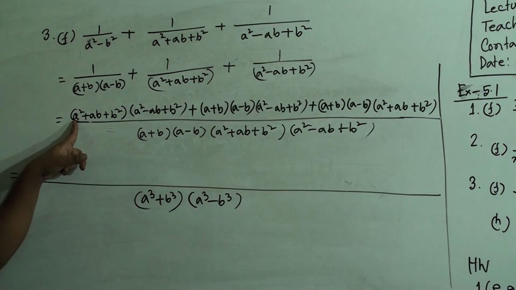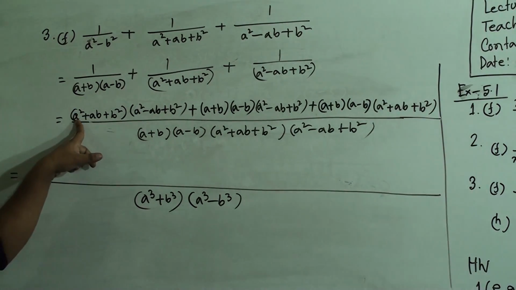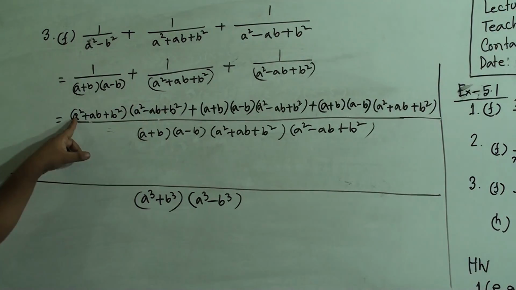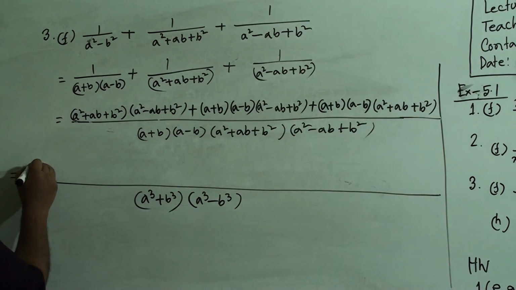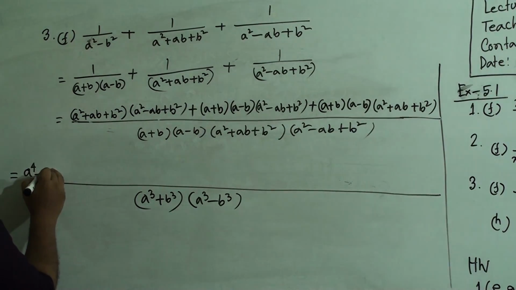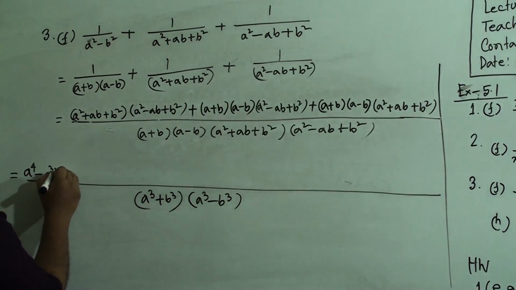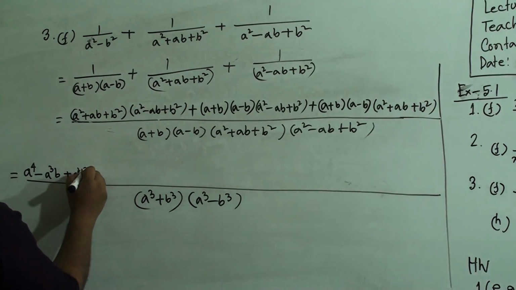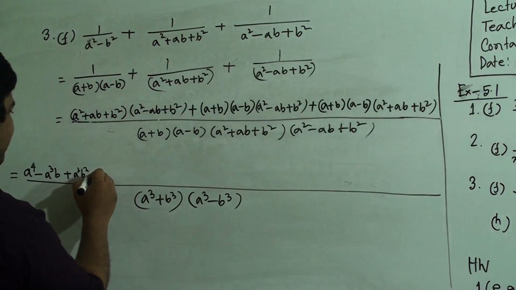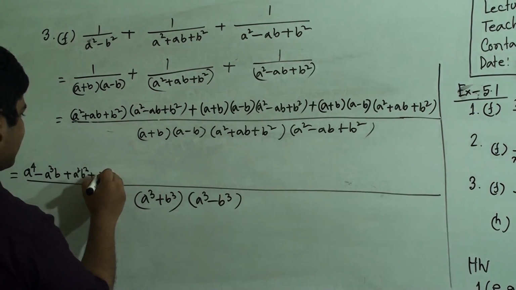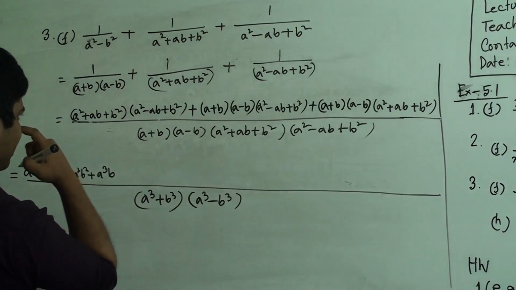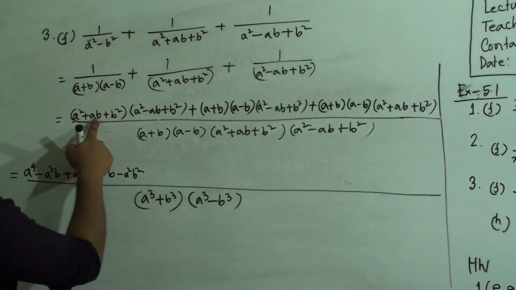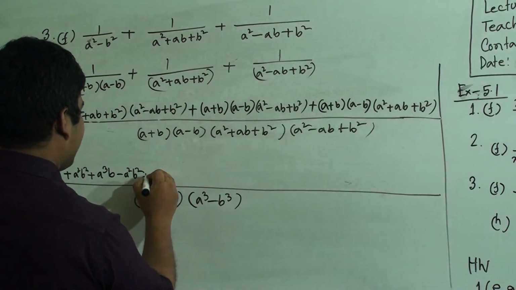Now we do addition of this number, that means a square by this number, ab by this number and b square by this number. So a square, then it will be a to the power 4, then minus a cube b, a square by b square, then it will be a square b square, right? Then ab by this number, so we get a cube b, after that minus a square b square, then ab is multiplied with b, then ab cube.